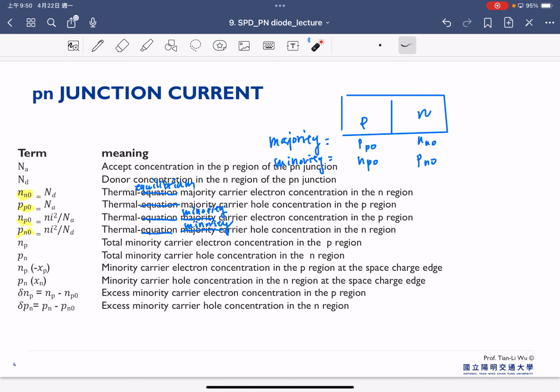And we also have the total minority carrier concentration in the P, total minority carrier concentration in the N, and this is just a minority carrier in a different location. And this is excess minority carrier. You can look it up by yourself. So here we try to define the terms that we will use later on.